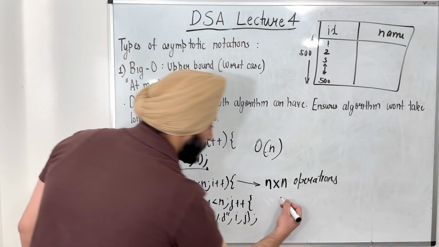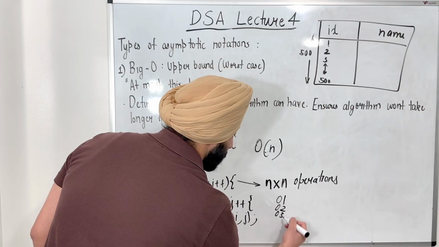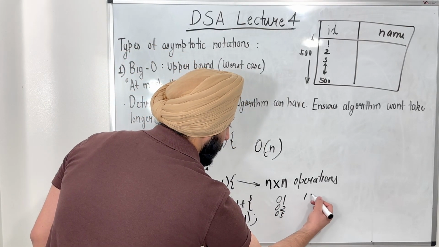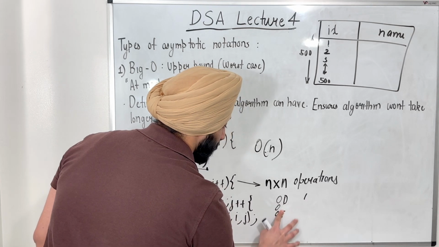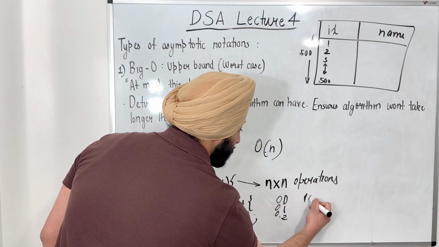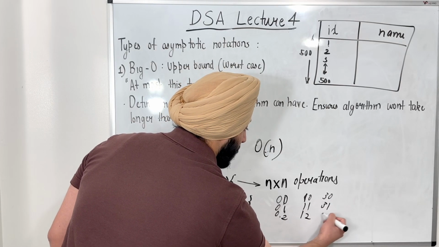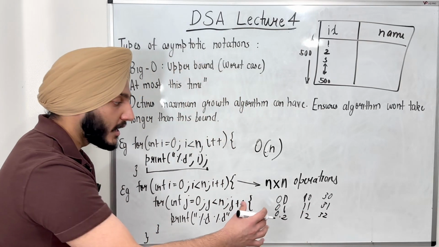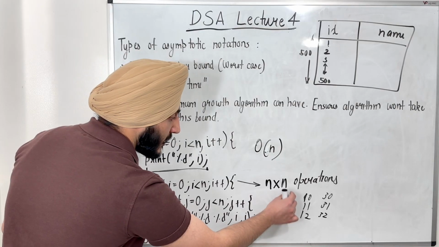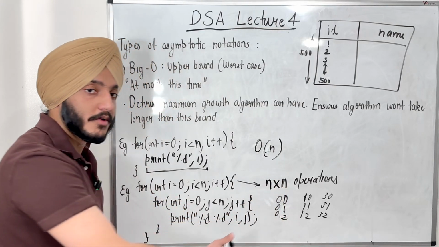So first 0, and then we would print 0 0, 0 1, 0 2, 0 3 until whatever the value n is. Then it's going to start with 1: 1 0, 1 1, 1 2, and then 3: 3 0, 3 1, 3 2. Do you understand what's happening, right? For every single i value, we go through all the j values as well. So which is basically n multiplied by n number of operations.